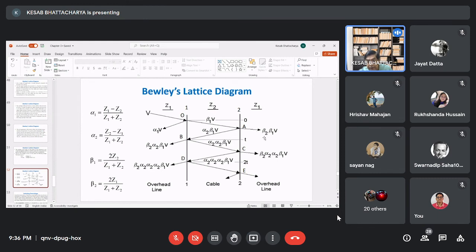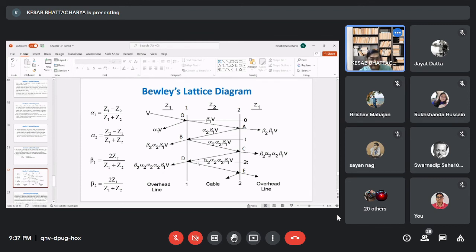But when you find out beta 2, Z2 will be the surge impedance of the transmission line. So we find out beta 2 into beta 1 into V. Like this, we can find out the different reflected and transmitted waves in the two lines as well as within the cable.